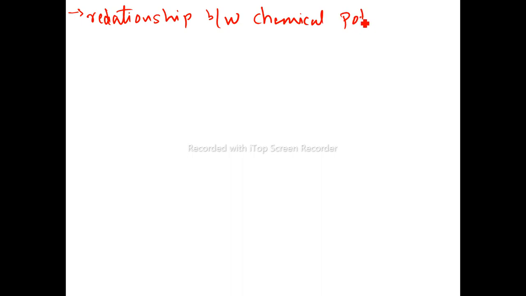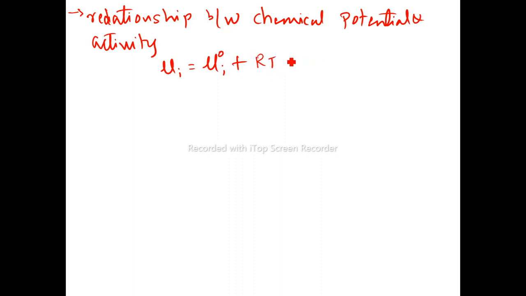The relationship between chemical potential and activity is given by mu_i equals mu_i naught plus RT ln a_i.